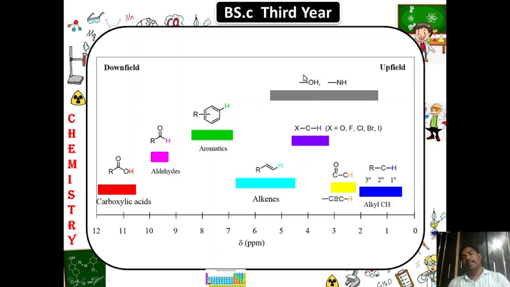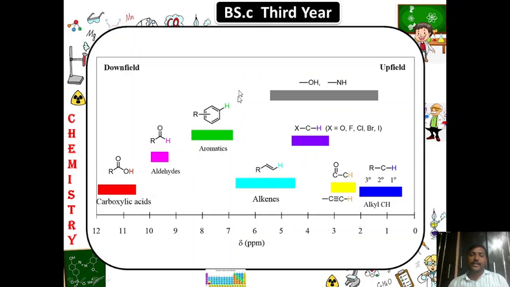When hydrogen is attached to OH or NH, there is a broad region covering about 1.5 to 5.5. Then the alkenic hydrogen shows a range of about 4.6 to 6.98.